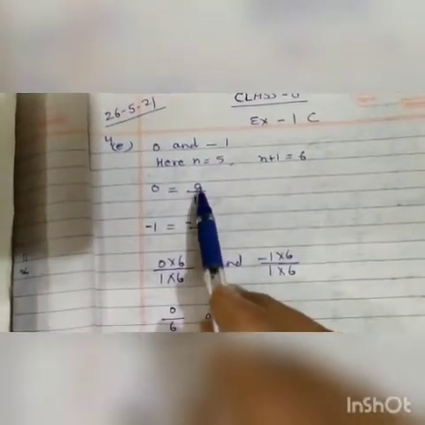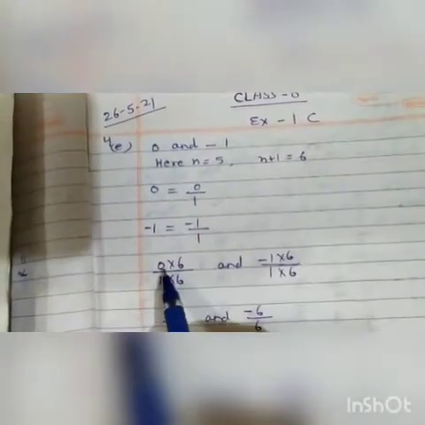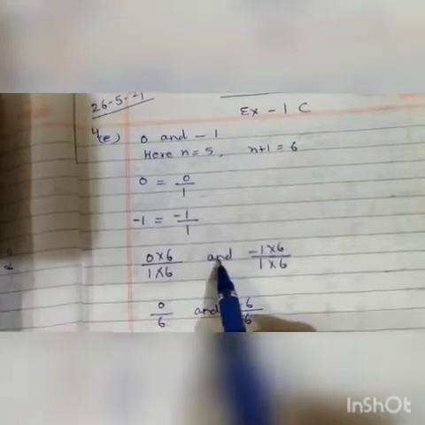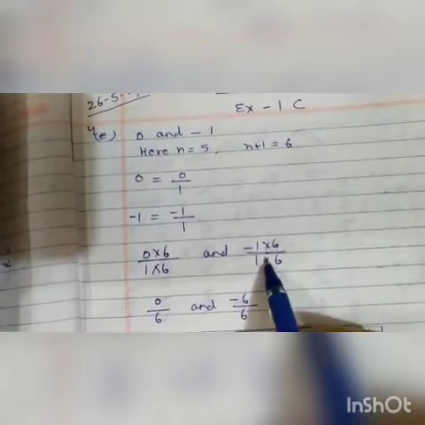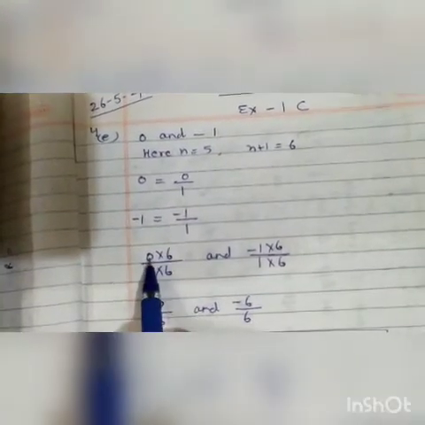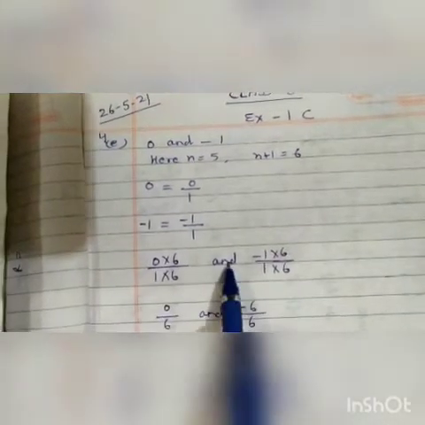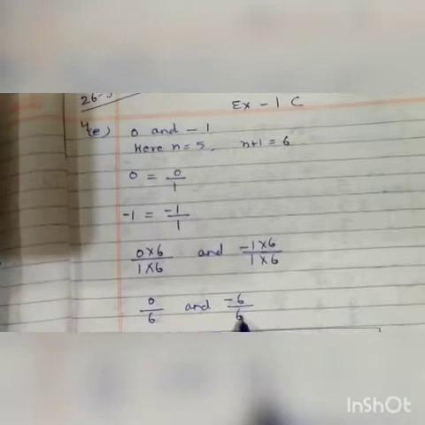Now we will multiply these two rational numbers by this 6. So 0 upon 1 multiplied by 6 and -1 upon 1 multiplied by 6. 6 times 0 is 0, so 0 upon 6, and 6 times 1 is 6, so minus 6 upon 6.